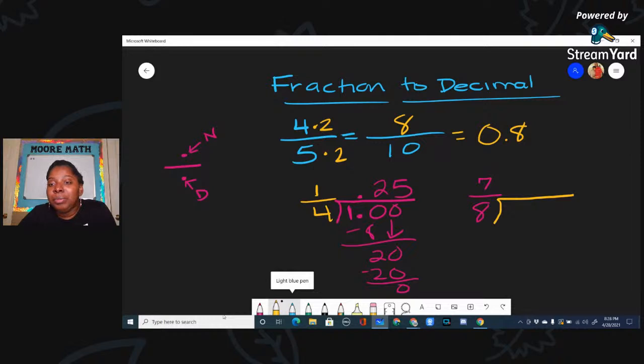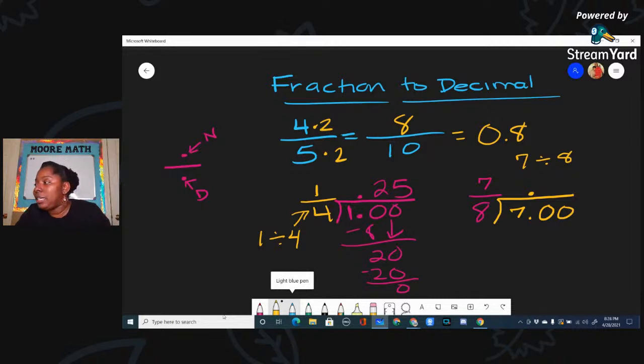So this says 7 divided by 8, okay? This was 1 divided by 4, not 7 divided by 4. So now put that numerator in the house, make it look like money, put that decimal on top, and 8 goes into 70.